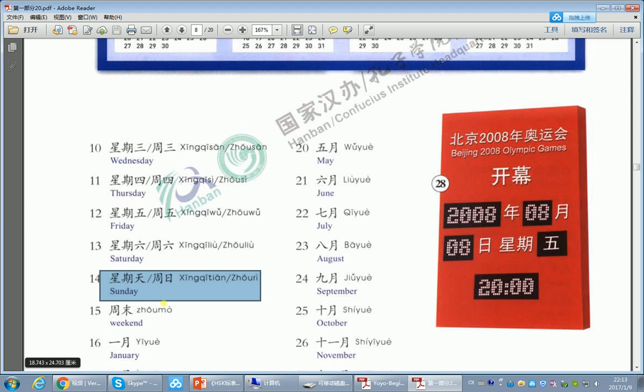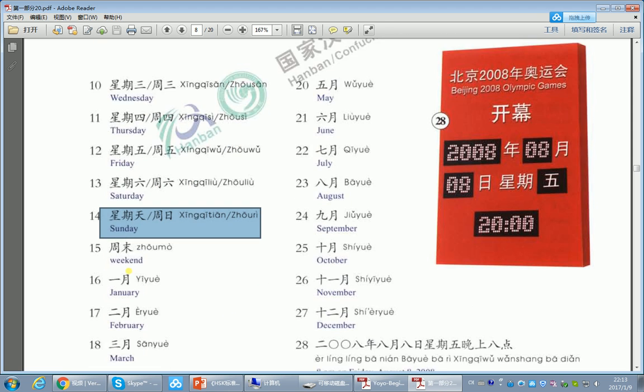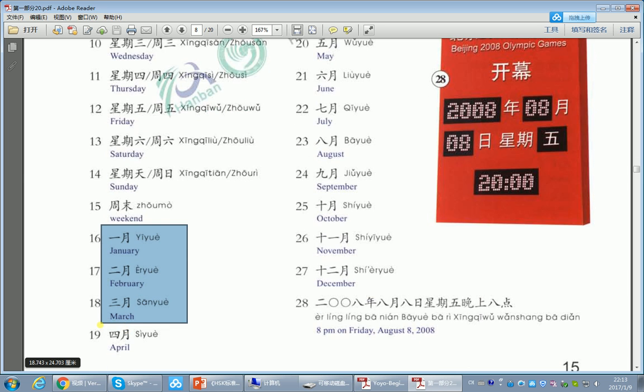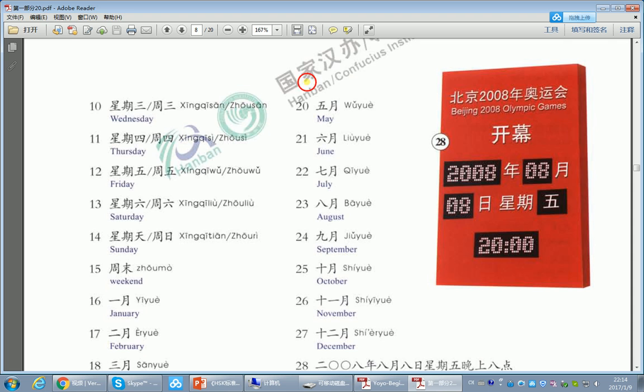And remember how to read the months. January 1月, February 2月, March 3月, April 4月, May 5月, June 6月, July 7月, August 8月, September 9月, October 10月, November 11月, December 12月.